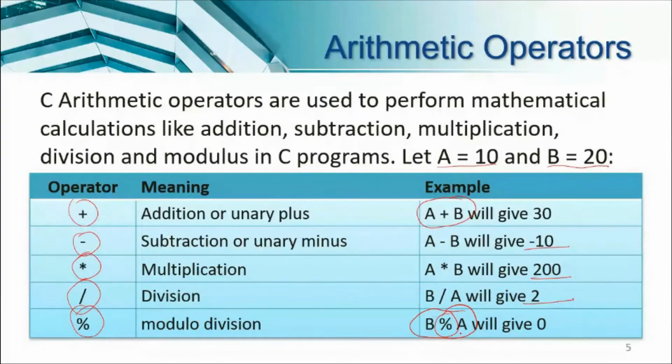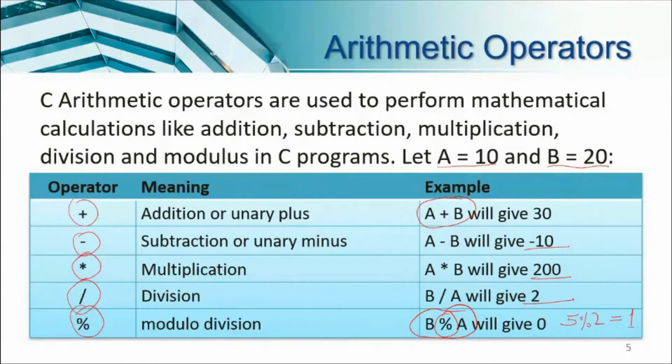So b is 20 and a is 10, so the remainder is 0. If it is 5 percentage 2, this will return 1, because when we divide 5 by 2, 1 is the remainder. That is how these operations are done.